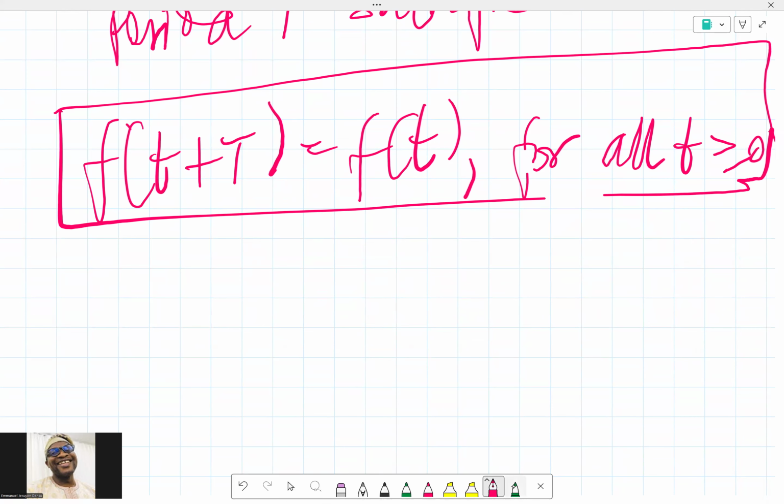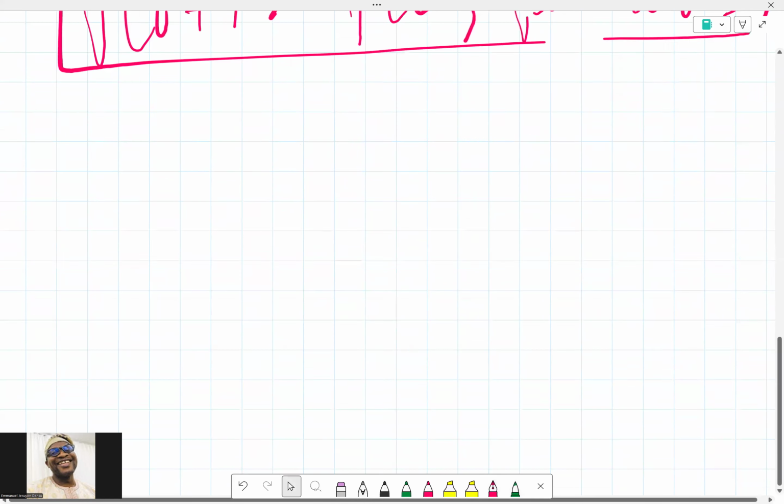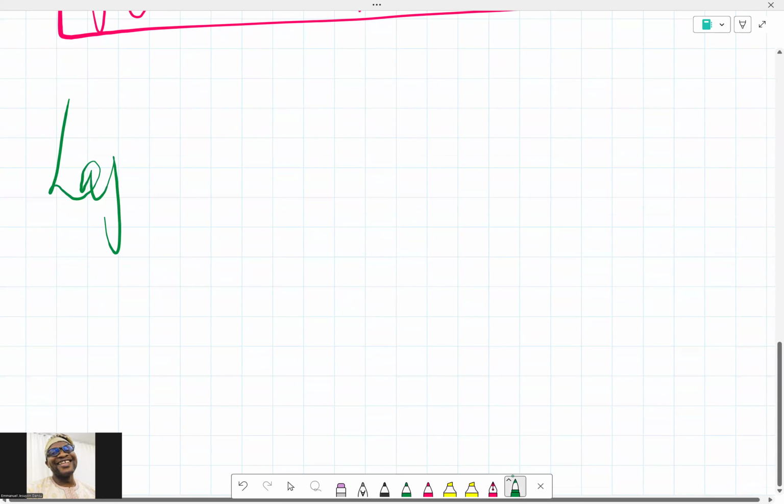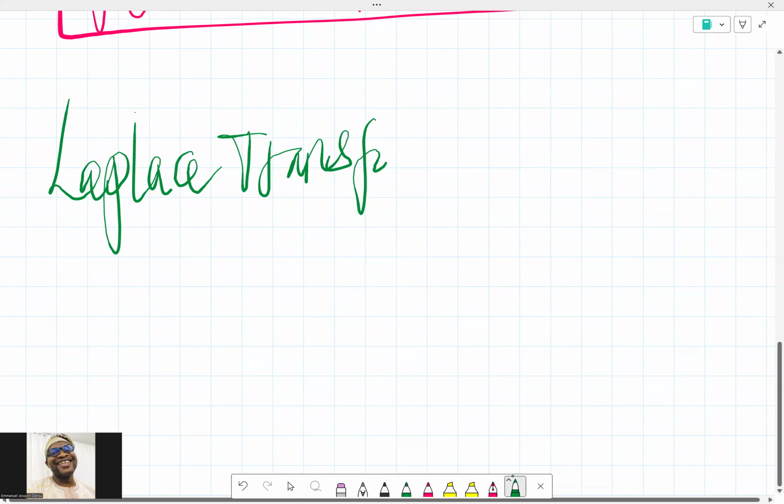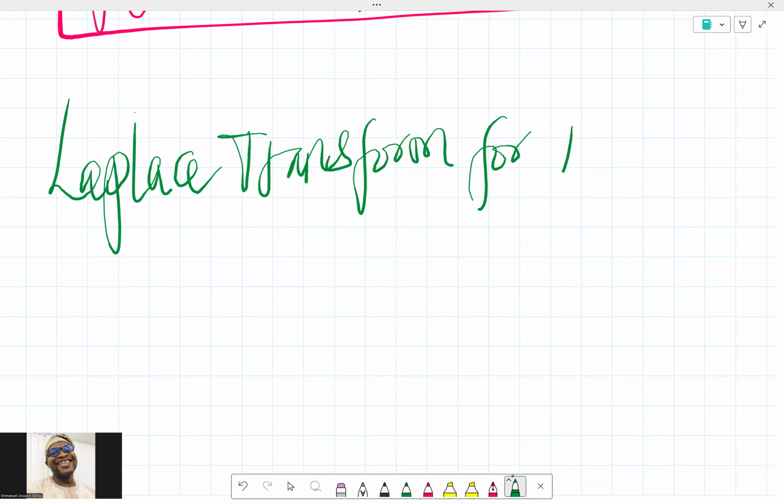So let's consider Laplace transform for periodic functions.